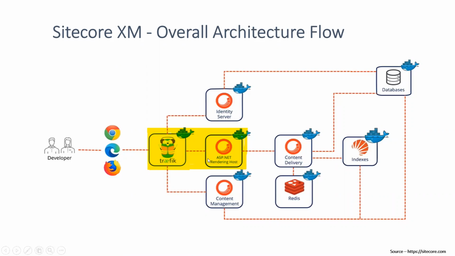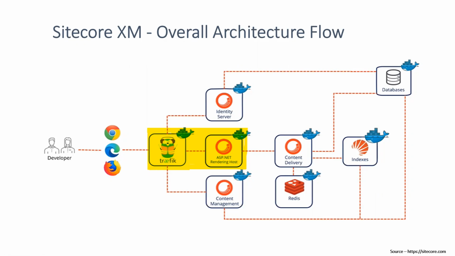There will always be an ASP.NET rendering host project sitting in front of the content delivery server. The content delivery server will work as a content service, like the JSS framework. It will pass the content to the ASP.NET rendering host, and the rendering host will have different components built on ASP.NET Core. It will mix the layout with the content, and then pass it to the end user.